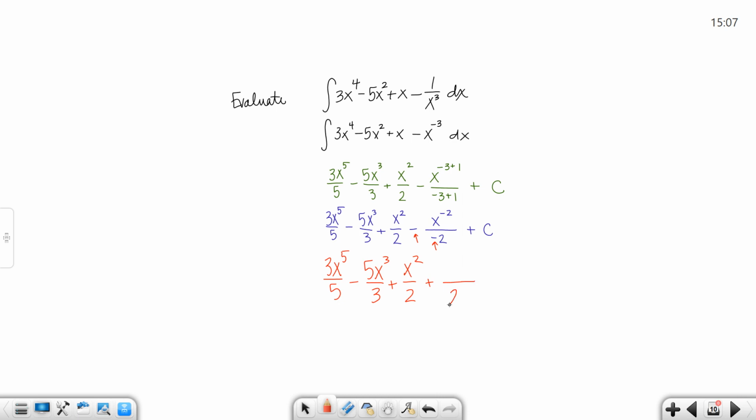Now, what you'll also know is that that 2 is left in the bottom. You also see that you have an x to the negative 2 in the top. Well, an x to the negative 2 in the top is an x to the positive 2 in the bottom. There's nothing else left in the top, so you have a 1 there as a placeholder, and that is your final answer. And that's how that one would look.